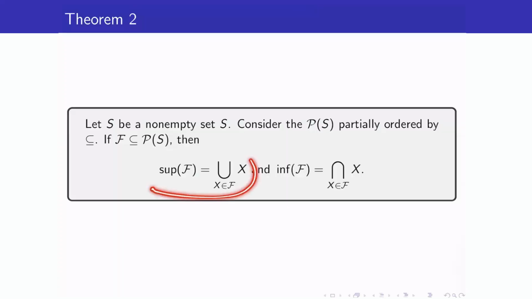We can actually generalize that again. This is saying that to get the supremum of a family of subsets, all you have to do is get the union of all the sets. And to get the infimum, all you have to do is get the intersection of all the sets. Before I prove this, let me first give you an illustration of how to use this theorem.